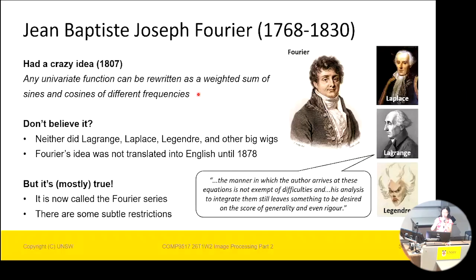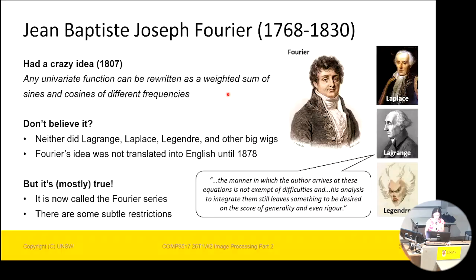Over time, people found there are some restrictions on what functions can be approximated by the weighted sum of sines and cosines, but they are very small. As long as the functions are periodic and can be differentiated, the requirements are met, and then this Fourier series would exist.